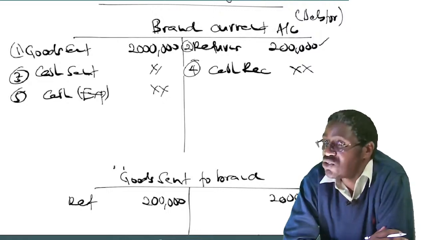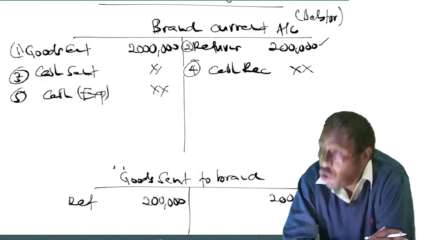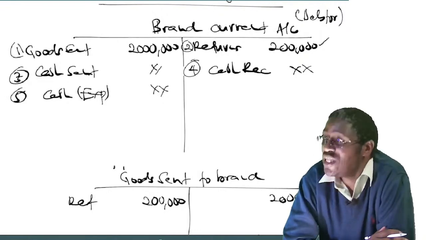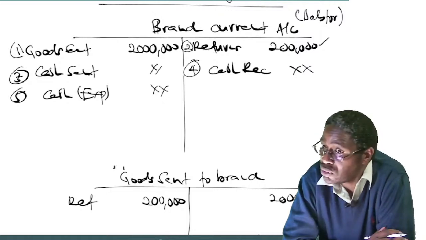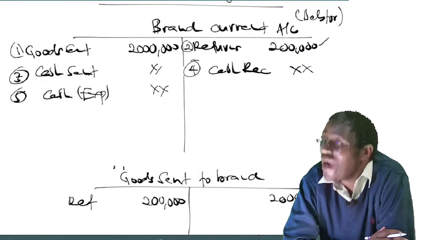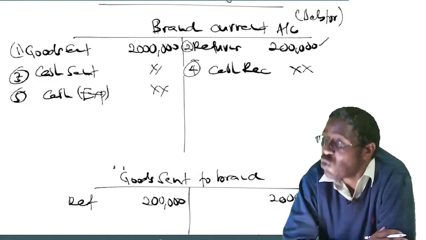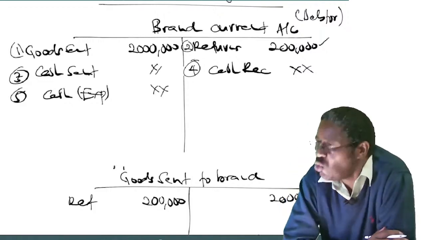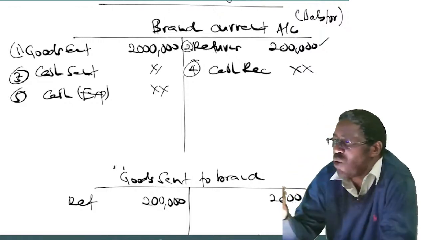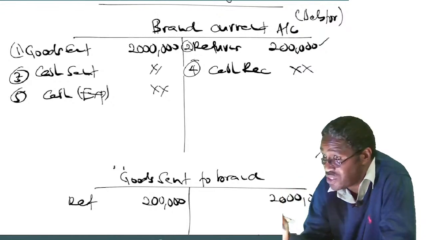Get it? So we are saying, with any head office expenses paid for by the branch on behalf of the head office. So you as a head office, you are the one to recognize that expense now.